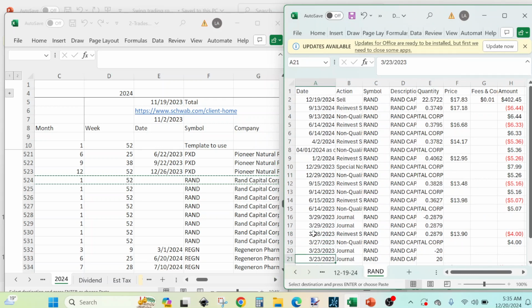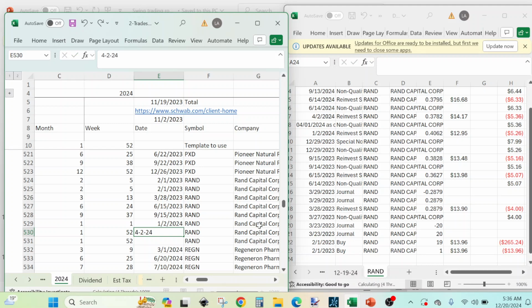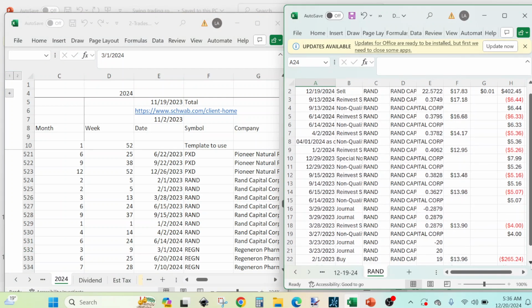and the first date was 2/1/23, and then we have 3/28/23, and then we have 6/15/23, and we have 9/15/23, and we have 1/2/24, and we have 4/2/24, and we have 6/14/24, and 9/13.